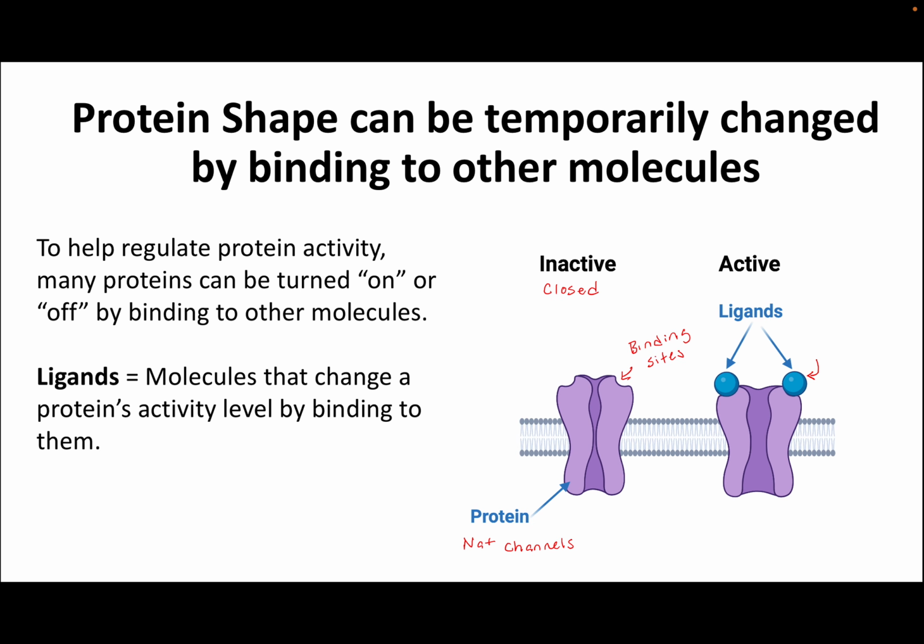In this particular example, the binding of the ligand is causing the protein to become active, but there are cases where the binding of the ligand causes the protein to become inactive. The general rule of thumb is that the binding of the ligand changes the activity level of the protein, or a way to think about it is that it's kind of turning the proteins on or off.